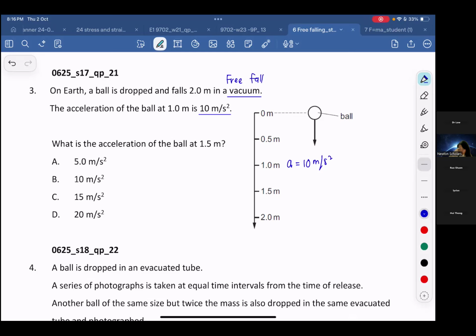So they will ask you, what is the acceleration of the ball at 1.5 meter? What is your answer?